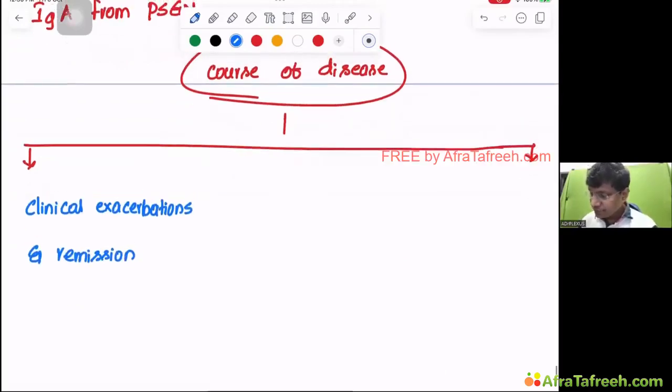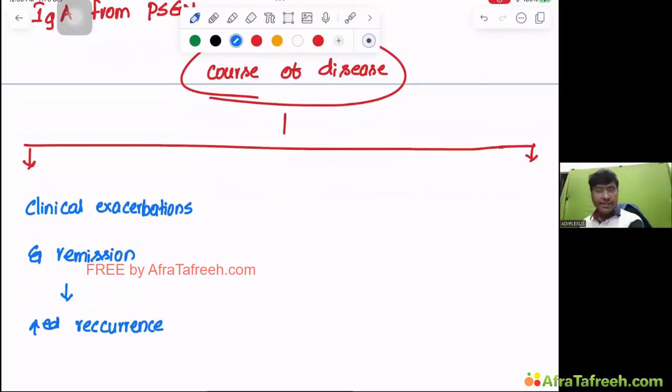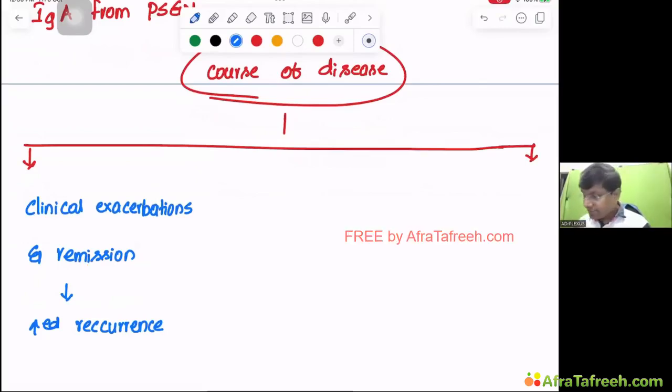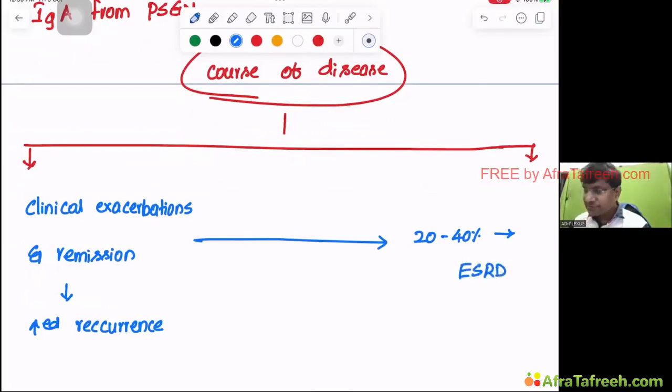That means they have increased recurrence. The recurrence is very high. That is a very important point in differentiating PSGN from IgA nephropathy. And because the recurrence is very high, almost 20 to 40% of patients go into a state of end stage renal disease.